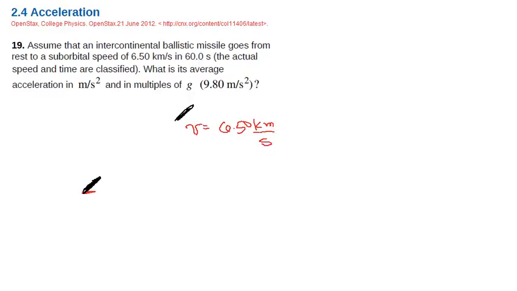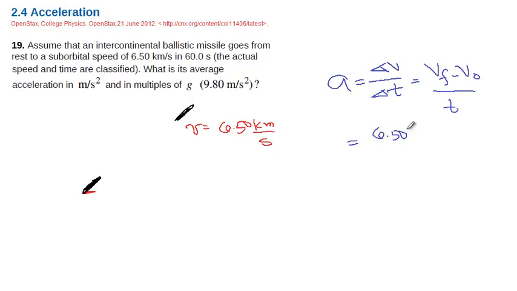Again, the acceleration is very simple to compute once you know the formula well. Acceleration is just change in velocity with respect to time, or simply v final minus v initial over t. Now in this case, we know v final well. It's 6.50 kilometer per second.